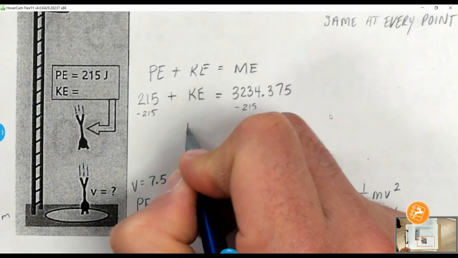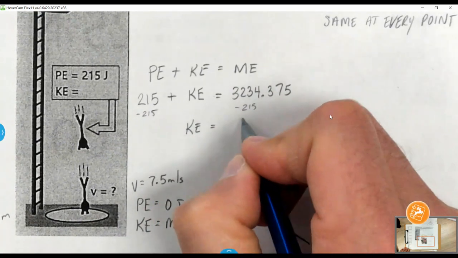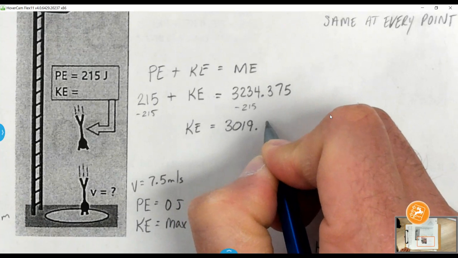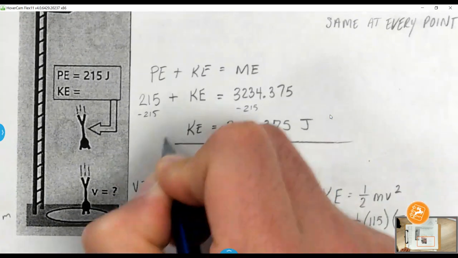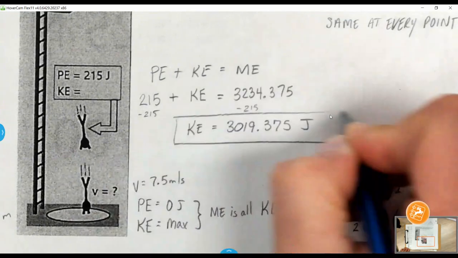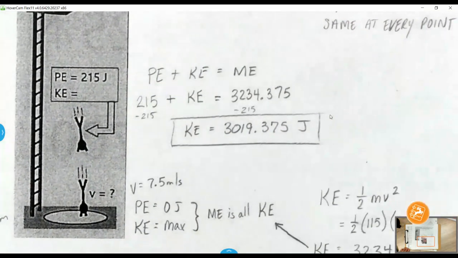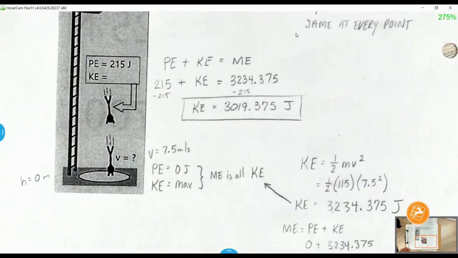And this will leave us with KE is equal to 3019.375 joules. And that is your final answer.